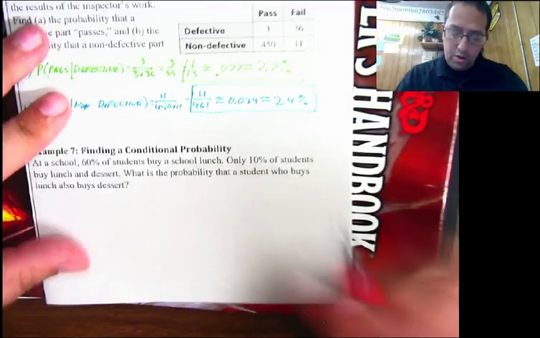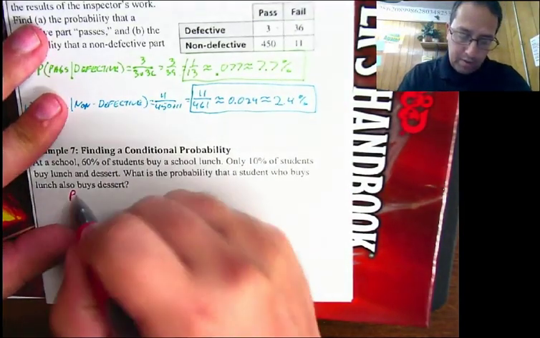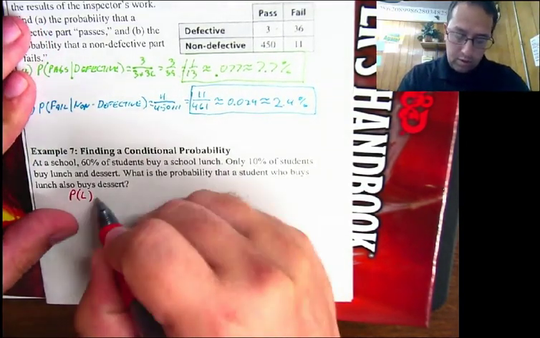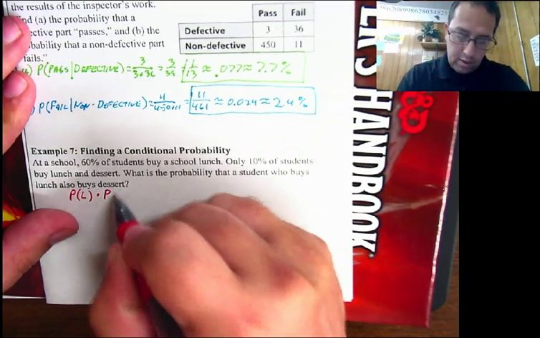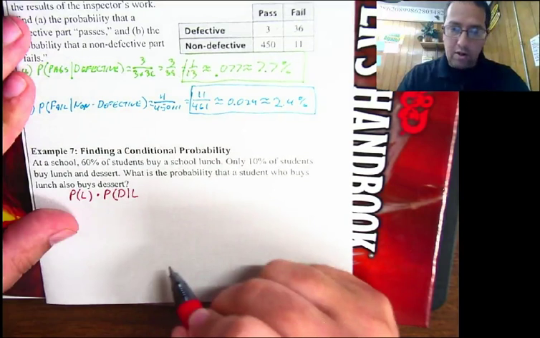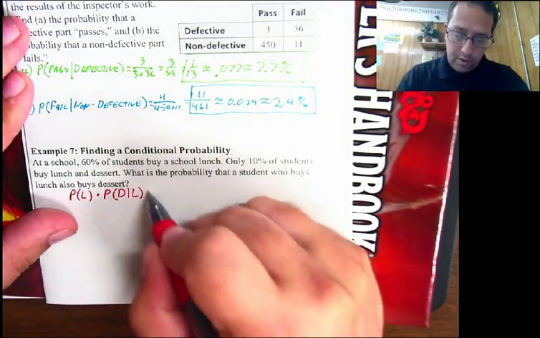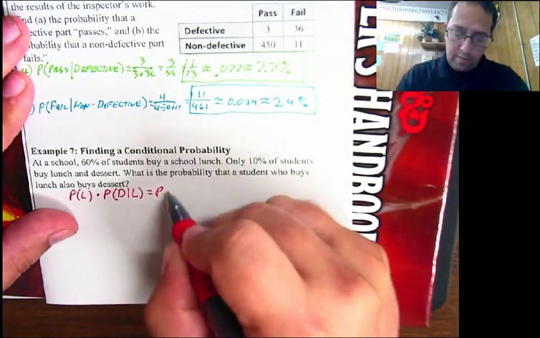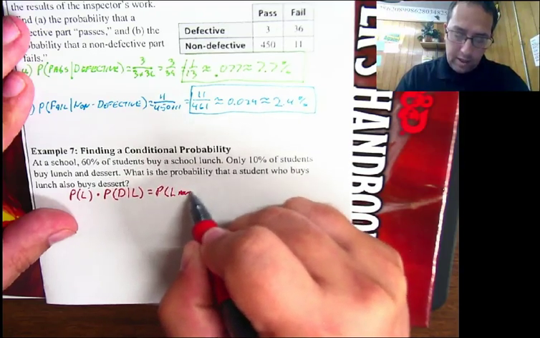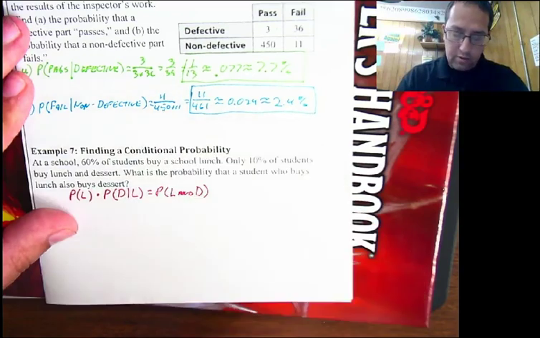So we have the probability that a student buys lunch times the probability that they buy a dessert given they already bought lunch is going to equal the probability that they buy lunch and get dessert.